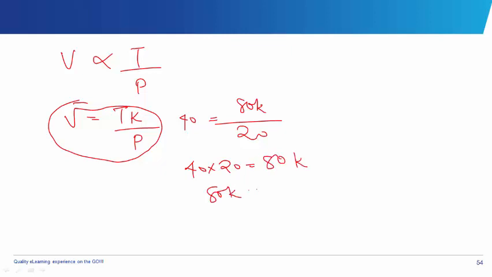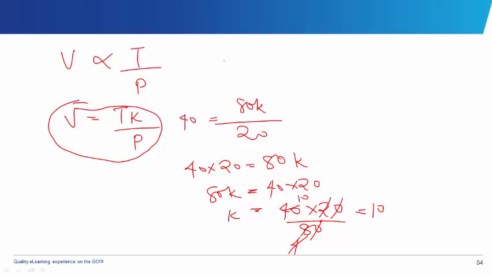So 80K equals 40 times 20, therefore K equals 40 times 20 all over 80. 0 cancels 0. 2 into 8, we'll have that as 4. 4 into 40 will give us 10. Therefore K equals 10. Now if we come back to this expression, V will be equal to 10T all over P. So that is the equation that connects all of them.